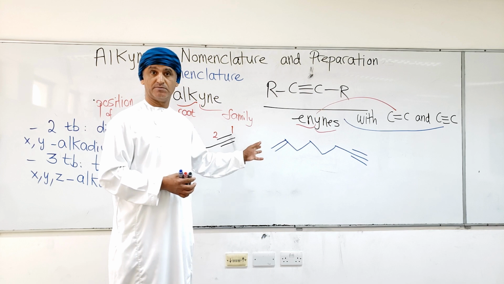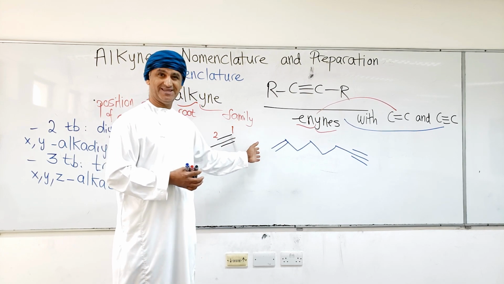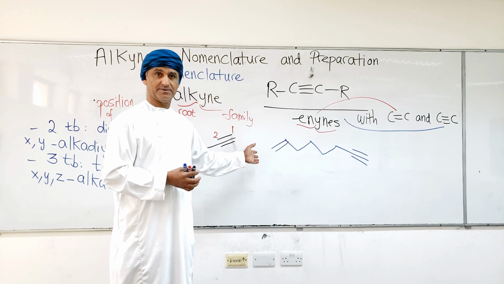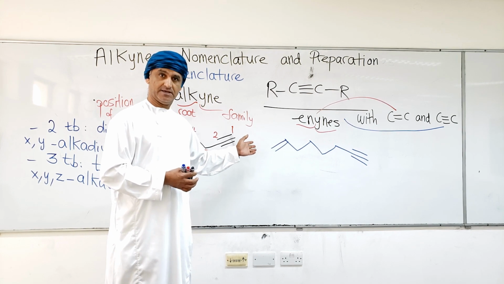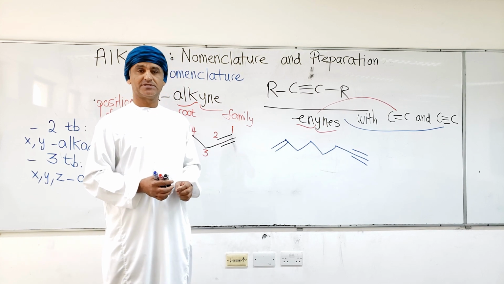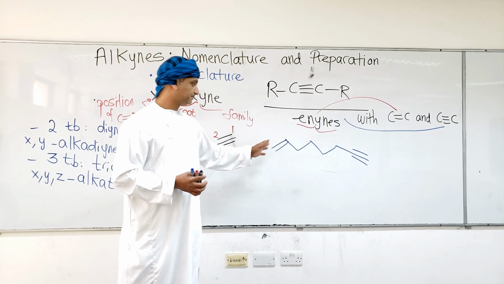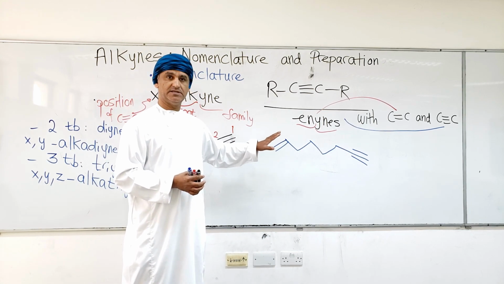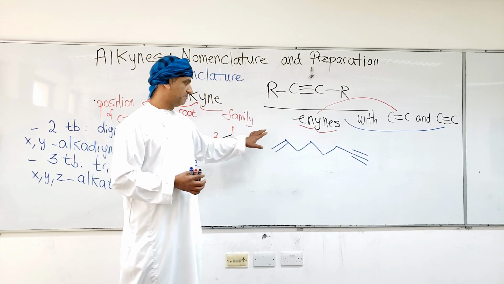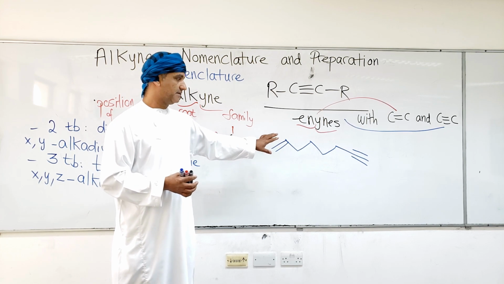Because both multiple bonds are at positions 1. If you number from here, then the alkene, or the carbon-carbon double bond, would receive number 1. If you number from that end, the carbon-carbon triple bond would receive number 1. Well, in this case, the numbers will not be affected, regardless of the numbering system.